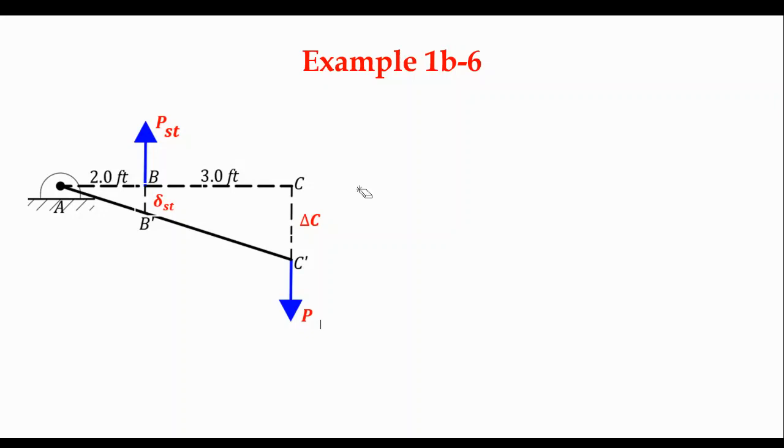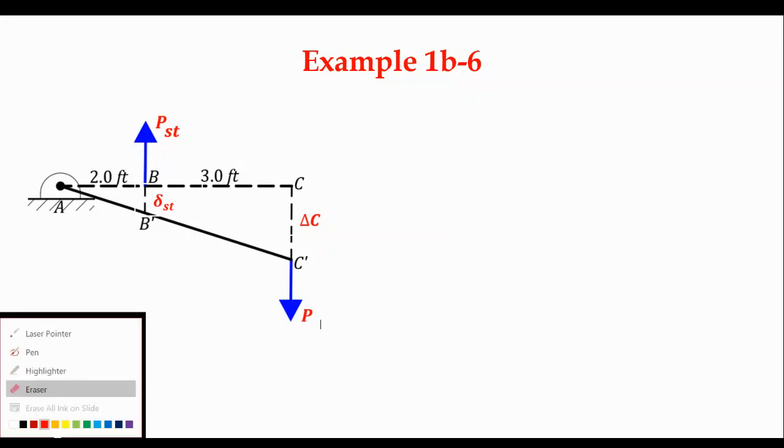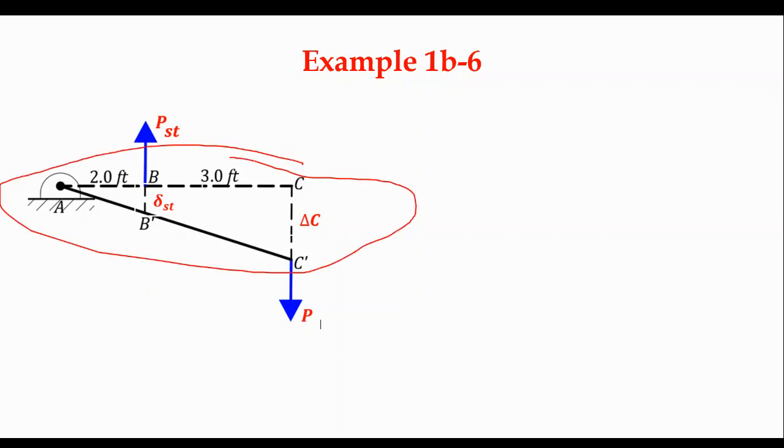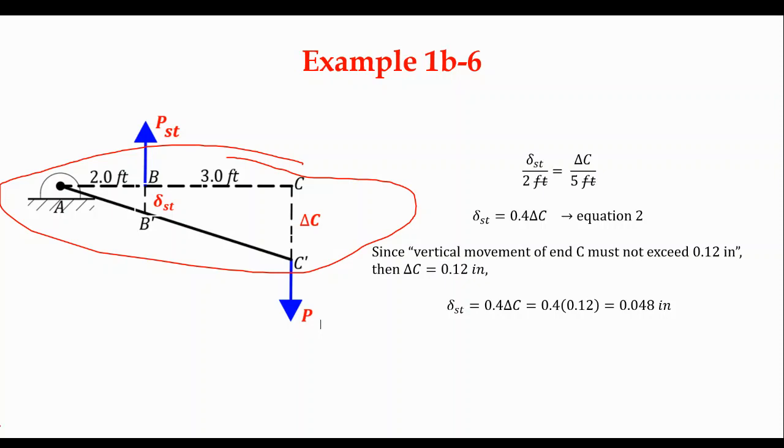Why did we allow the deformation to be highlighted? Because we have to find the relationship that will connect the two quantities. The similar triangles are the key. So by similar triangles, delta ST over 2 is equal to delta C over 2 plus 3, 5.